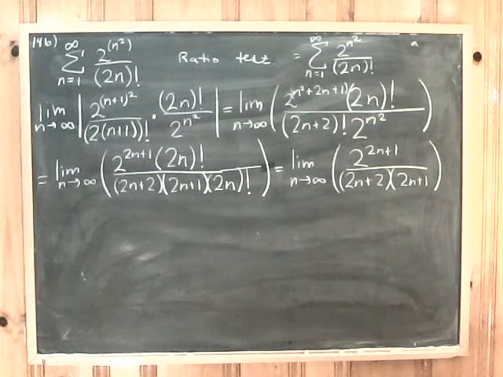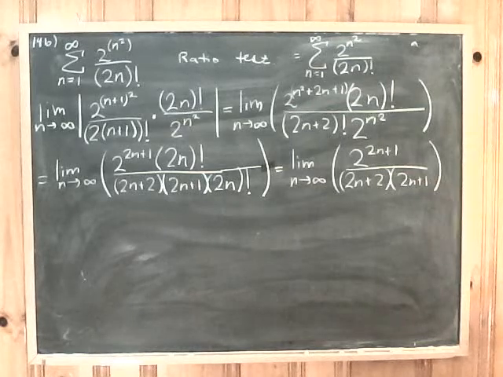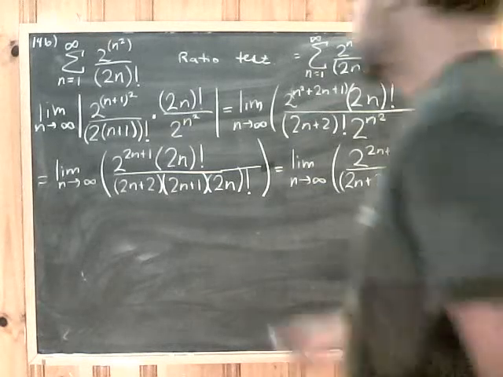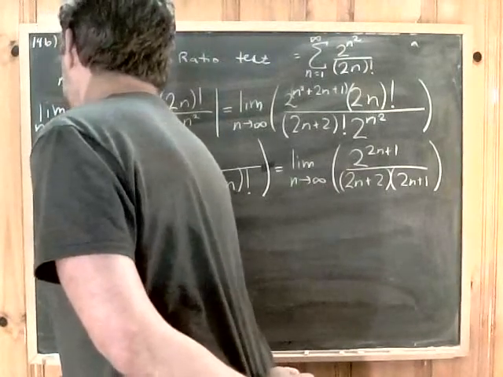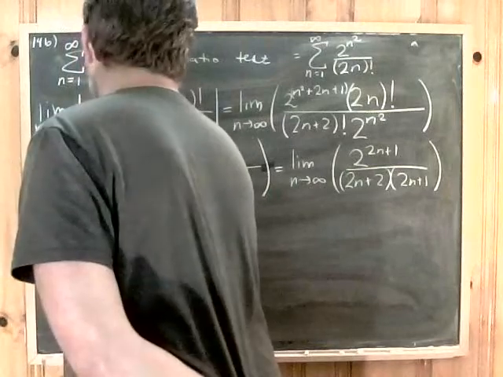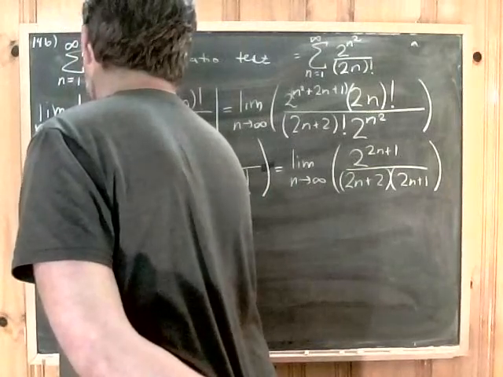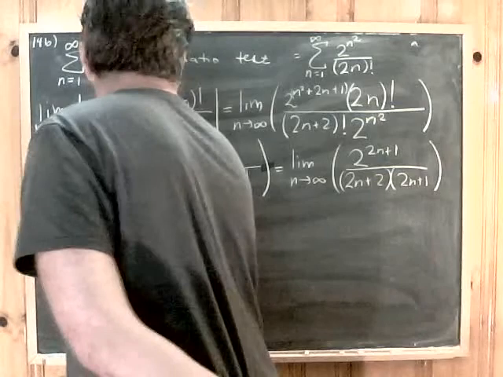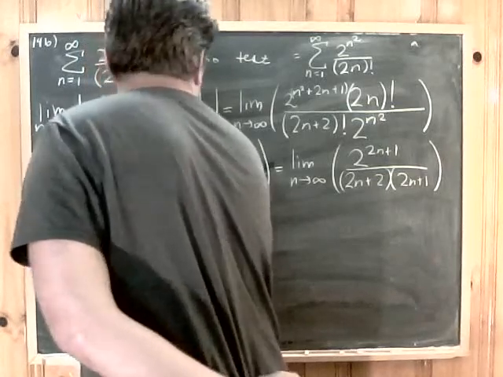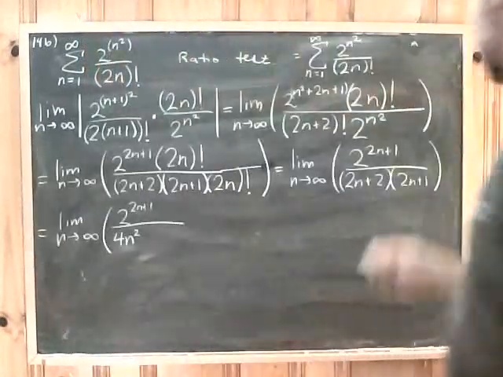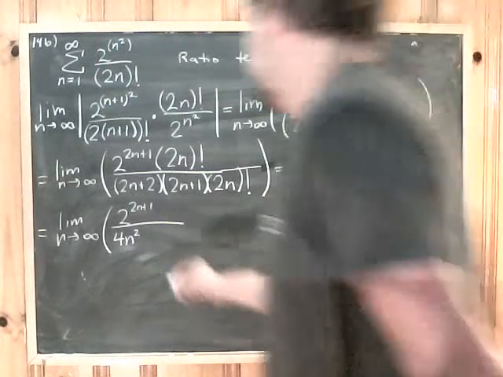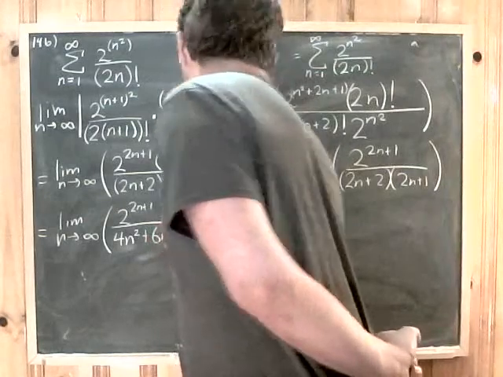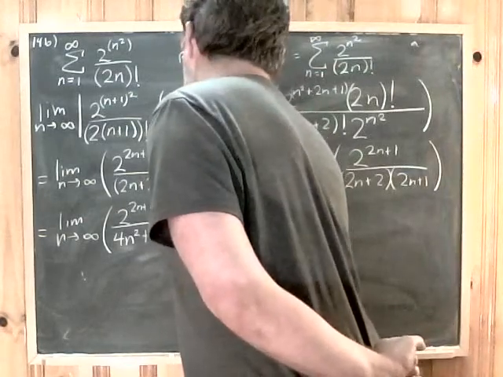And now it's time for Calc 1 limit taking. I guess I'll FOIL out that denominator so I can see it better. That's 4n squared plus 6n plus 2.